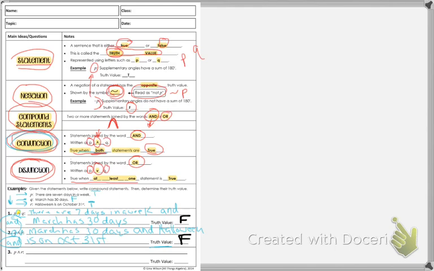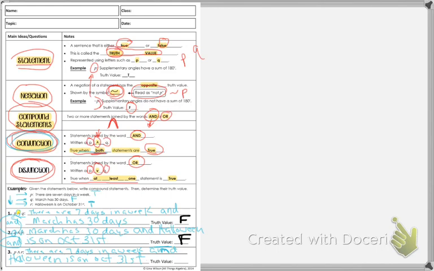But if you go down to the number 3, P and R, there are 7 days in a week, and Halloween is on October 31st.